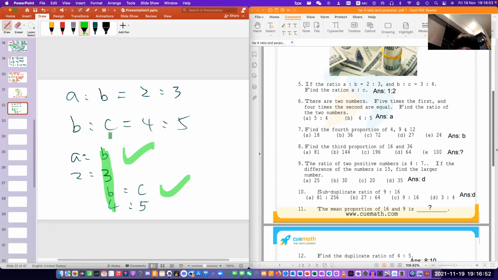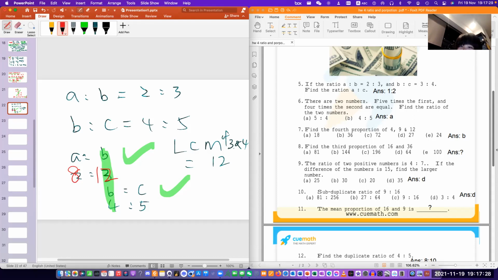When you have a different B, you make use of the concept of LCM, because you have learned LCM already. The LCM of 3 and 4 is 12. That's why you change the B to 12. When you change the B to 12, you times 4, so your A also needs to times 4. 2 times 4, you get 8.